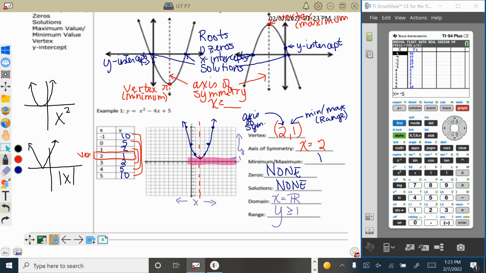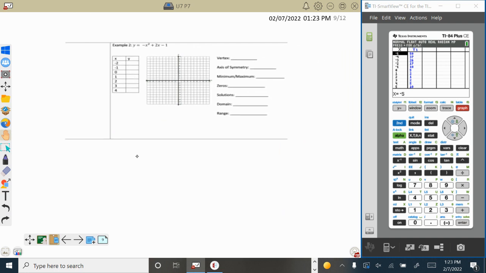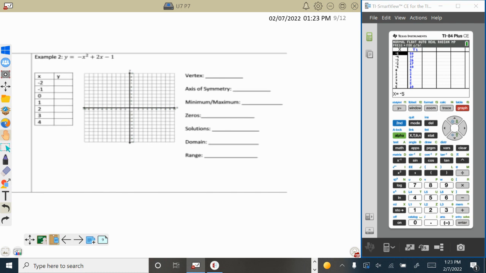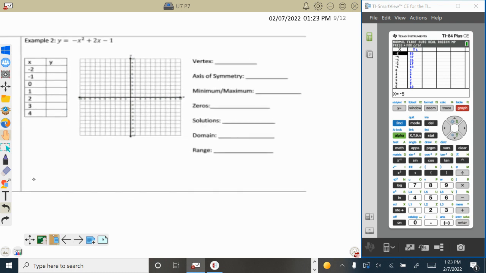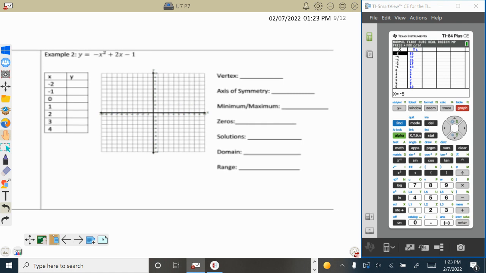Now if we look at page 12, and look at our next example, I'm going to make this a little bit bigger and move it over. Our next example is y equals negative x squared plus 2x minus 1. Let's put that into our y equals.